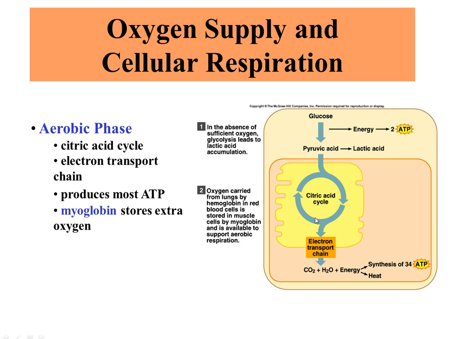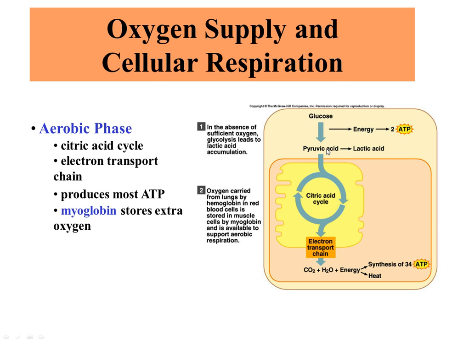So you have 36 when you add these. But anyway, the citric acid cycle and the electron transport chain make most of the ATPs with oxygen, the aerobic phase of cellular respiration. In the absence of oxygen, glycolysis leads to lactic acid accumulation.